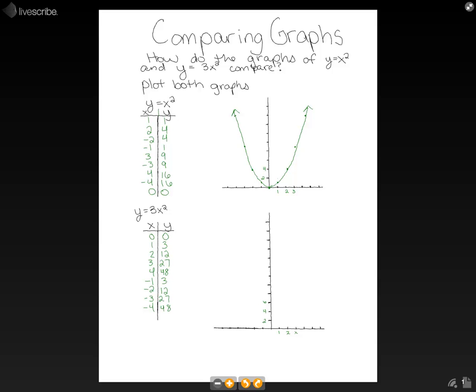So if we go ahead and plot this, we have another point at 0, 0. For 1 we have 3. For 2 we have 12. For 3, we had 27.